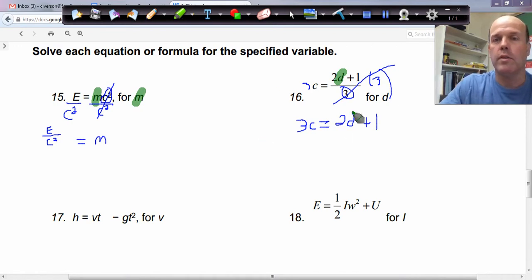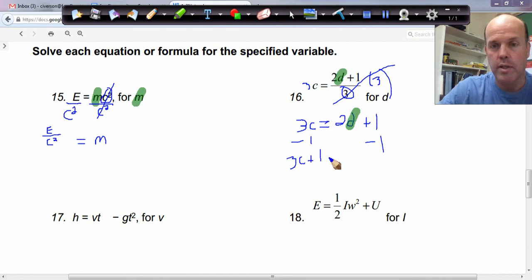Alright, well, I still have my d. It's still there. Okay, so now the fraction's gone away, so let's subtract 1 from both sides. And I get 3c plus 1 is equal to 2d. So one more step, divide everything by 2, and we're finished.